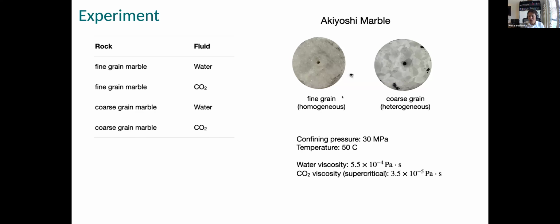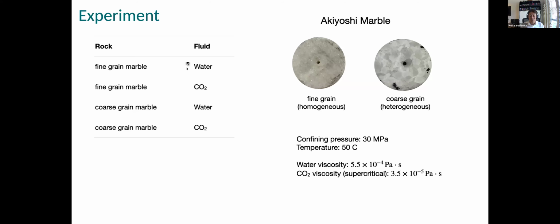One has very fine grain, and the other has very coarse grain. The fine grain marble we can think of as a homogeneous rock. The coarse grain sample has lots of grain boundaries, and we think of this as a heterogeneous rock. So fine grain and coarse grain represent homogeneous and heterogeneous rocks.